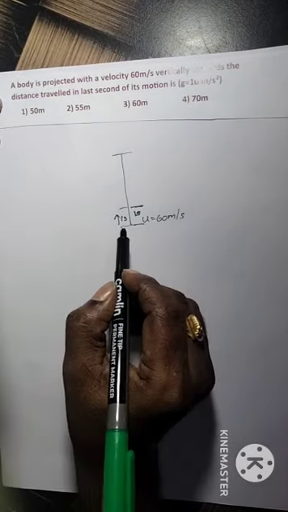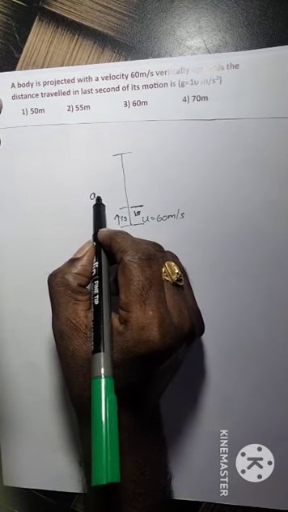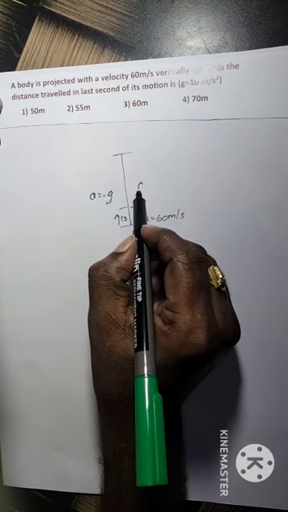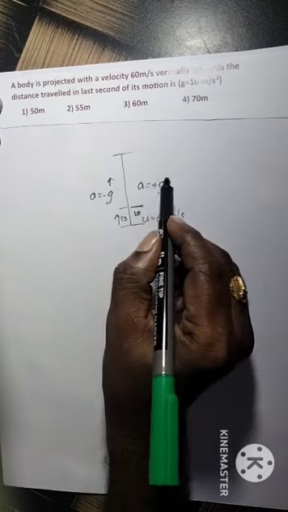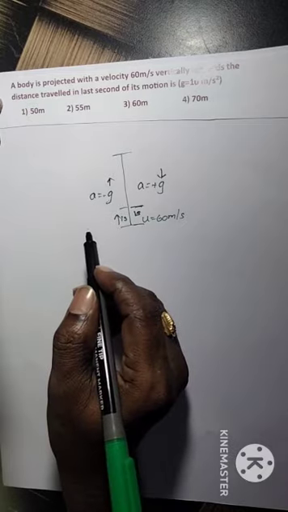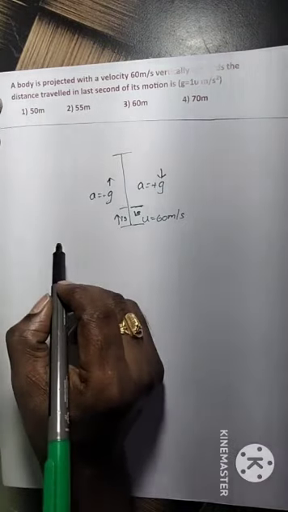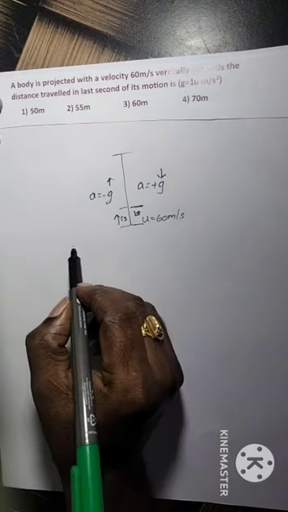So if you are going to take acceleration due to gravity, if it goes in the upward direction, it is minus g. If it comes down, that is plus g. Now, we can take the g value, already given in the problem.